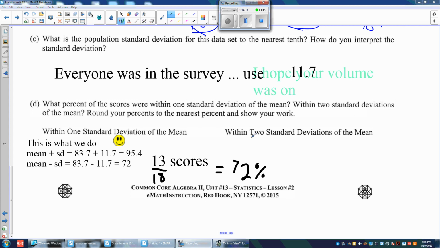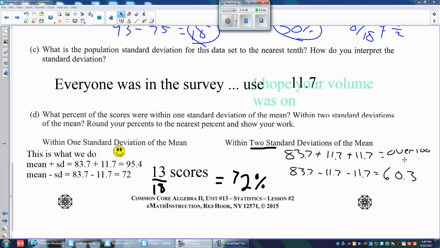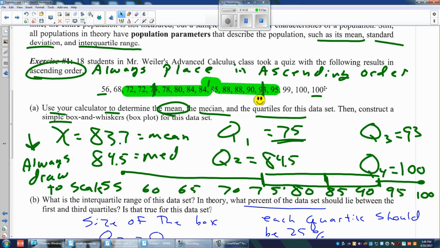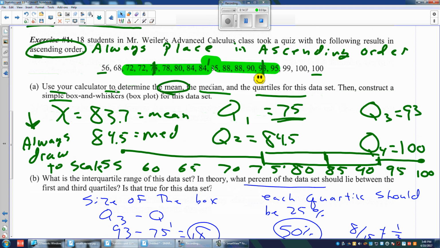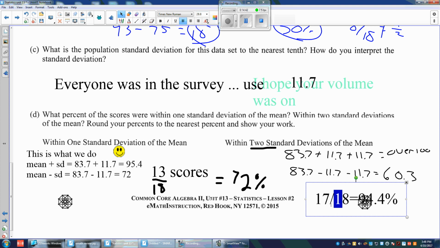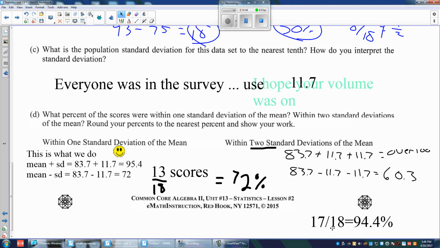This says within 2 standard deviations. So if I add another 11.7 onto this and subtract another 11.7 from 72, this is what I get, over 100 and 60.3. Okay, so that's everything. That's 17 out of 18 scores, which is 94.4%.